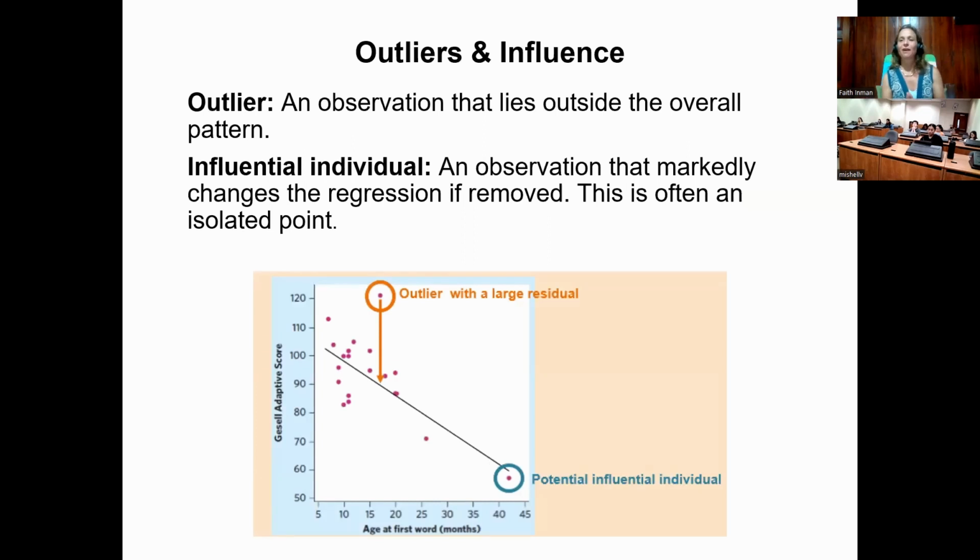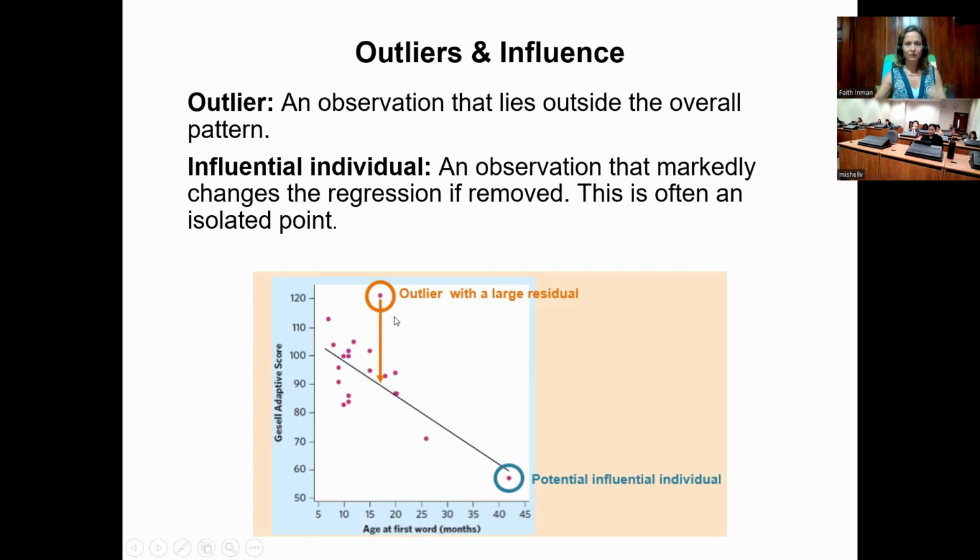Outliers and influence. Okay, important distinction. There are outliers and then there are influential points. They're kind of different. An outlier is any observation that lies outside the overall pattern, right? It has a large residual.